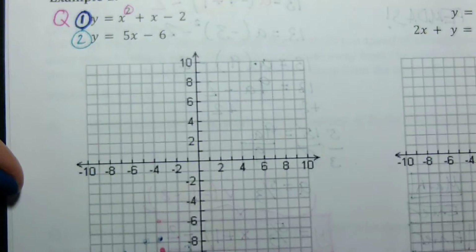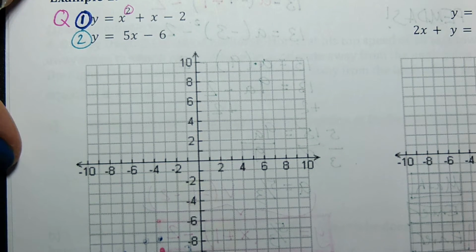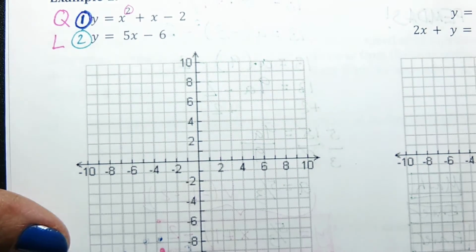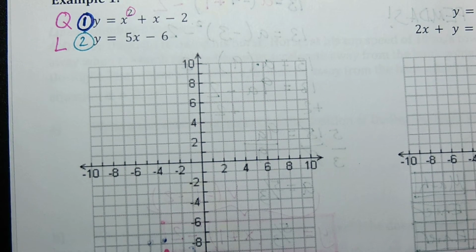Then, looking at my next equation, what's that? Y equals mx plus b. That is a line in slope-intercept form. So we have a quadratic and we have a line. Let's go ahead and start by graphing the line since it's just a little bit easier than the quadratic.